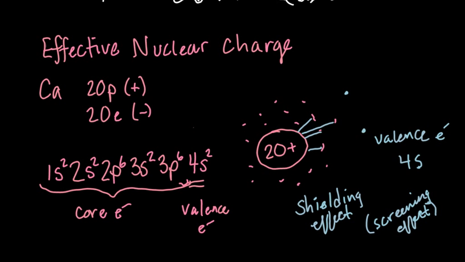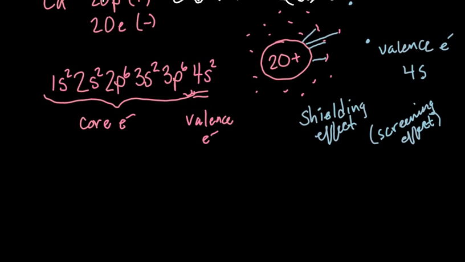And the way that we can calculate this effective nuclear charge is with the equation Z effective equals Z, which is just the number of protons, minus S, which is the shielding effect, the screening electrons.